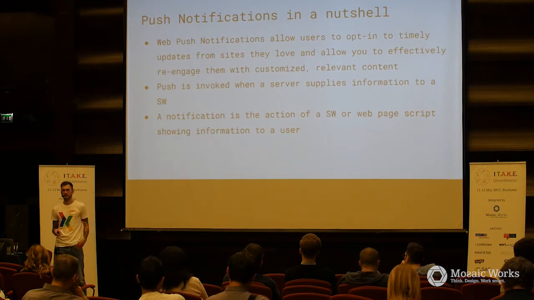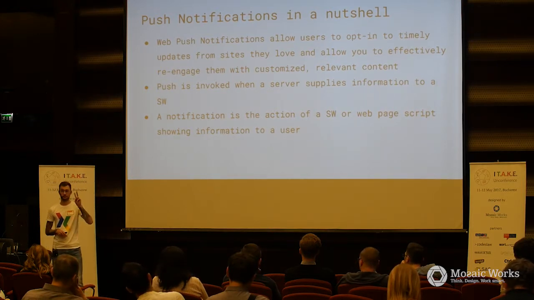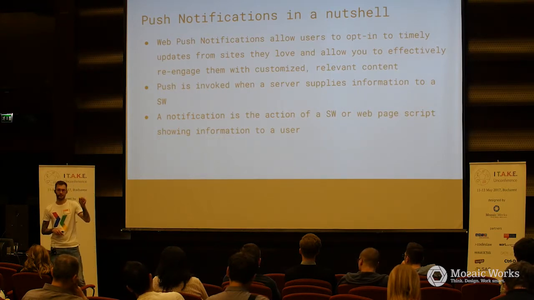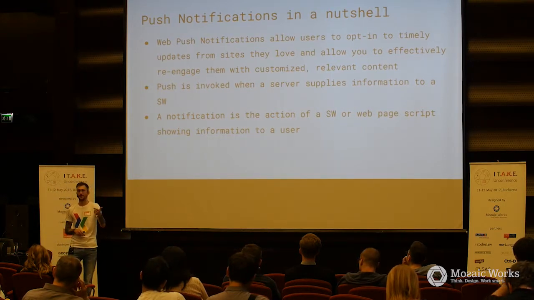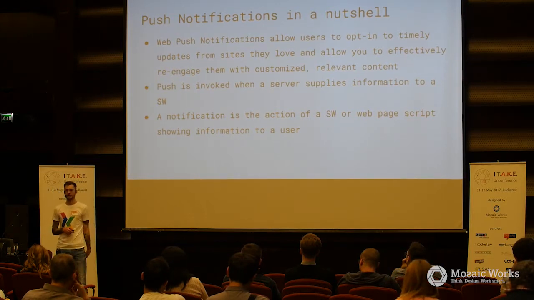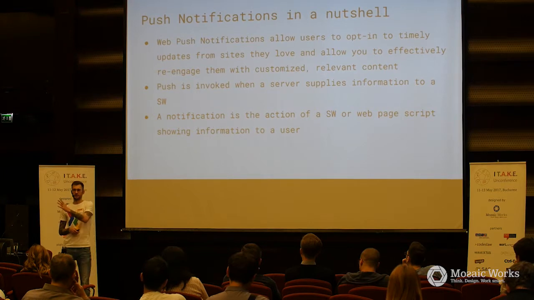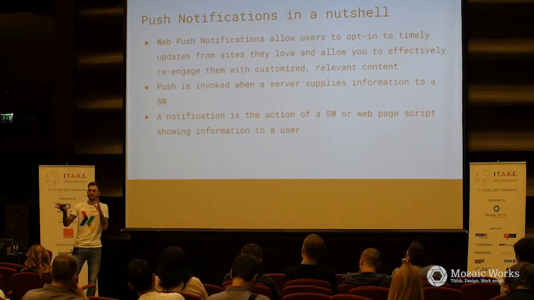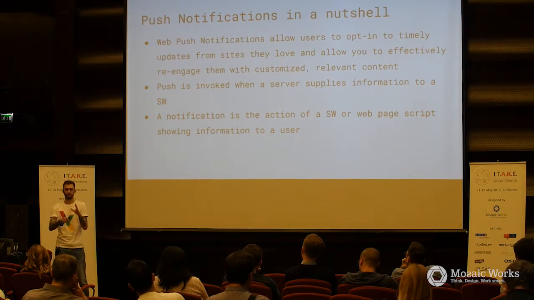Push notifications are a feature built on top of service workers, and they're comprised of two APIs. There's the push API, and yeah, you guessed it, the notification API. Push API basically means when the server pushes some information to your service worker. Notification API is in the JavaScript land, and it allows you to interact with that event.